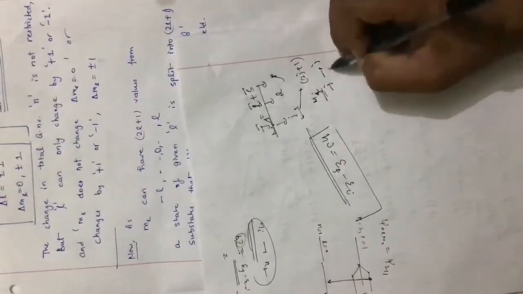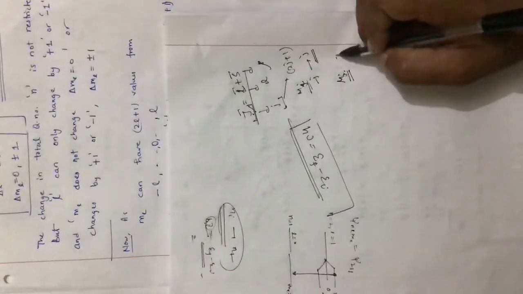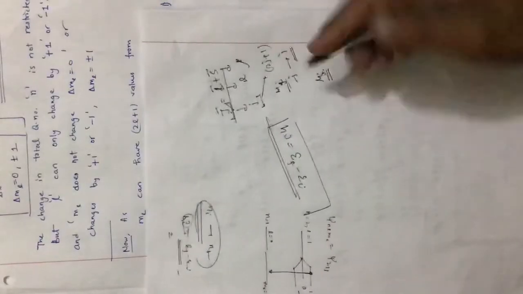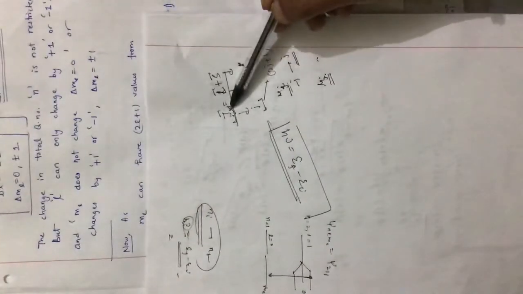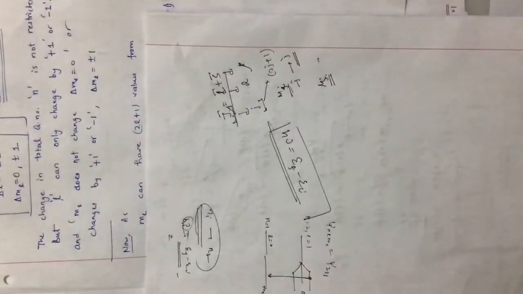So in this case the space quantization will happen something like this, because the magnetic moment mu j will react with the external magnetic field, and due to this interaction the total angular momentum J will start to precess around the external magnetic field, and then there will be a space quantization, right?